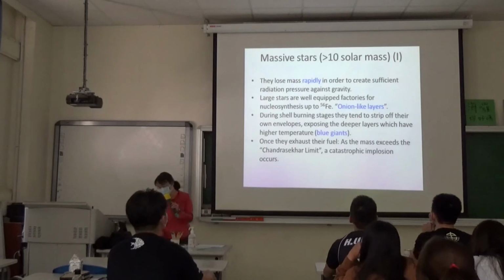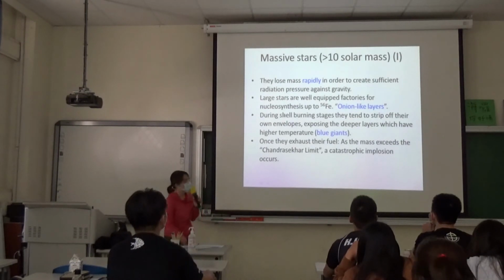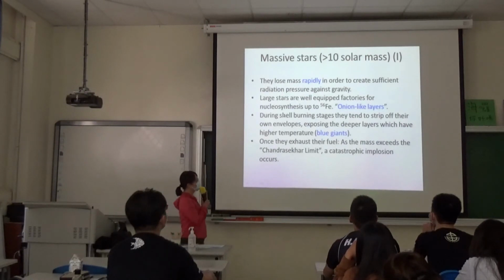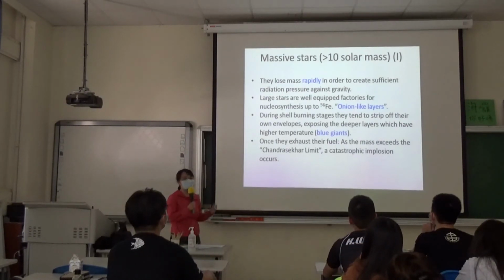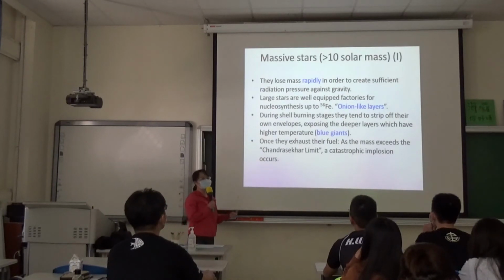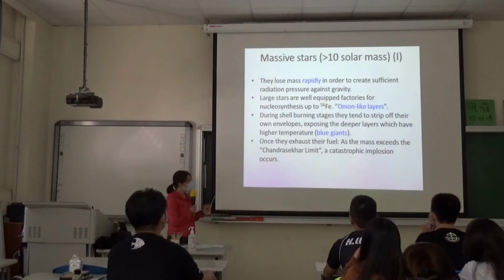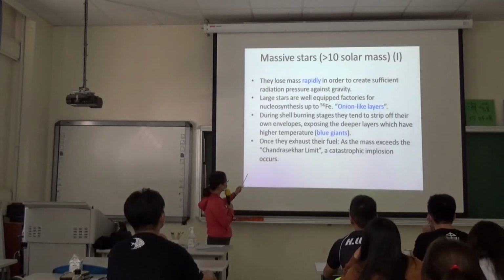And then during shell burning, they tend to strip off their own envelopes, their clothes. Okay, we call it envelopes. It's a little bit like the outer atmosphere of the sun, and stripping it exposes the deeper layer, which has a higher temperature.